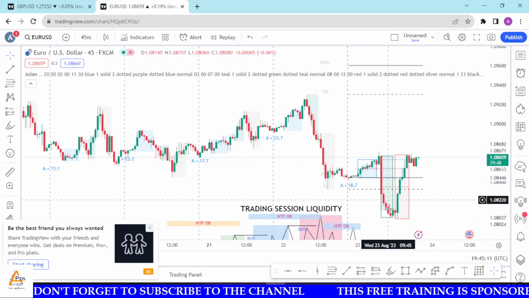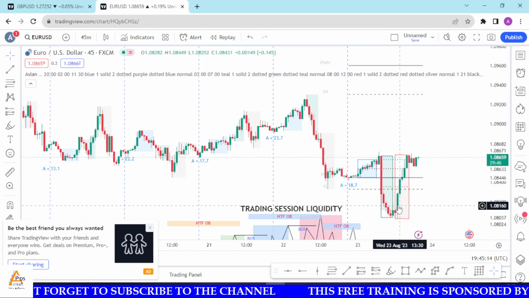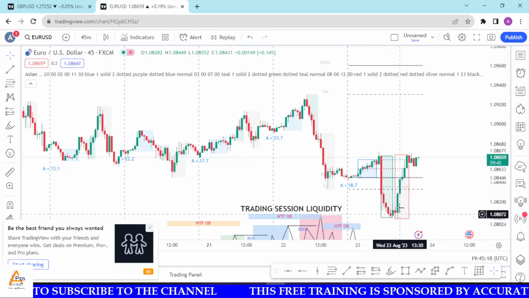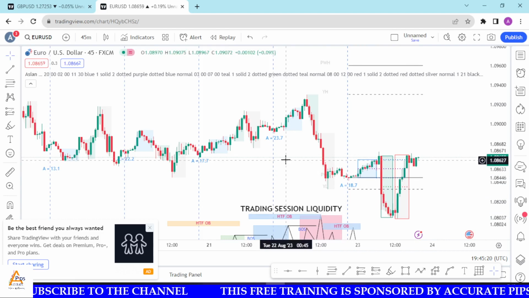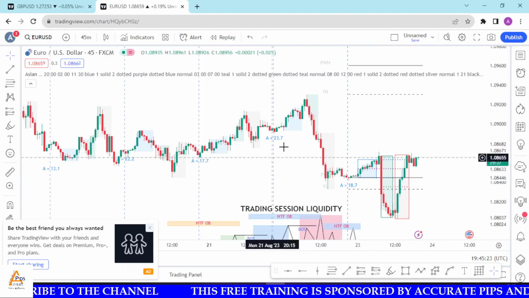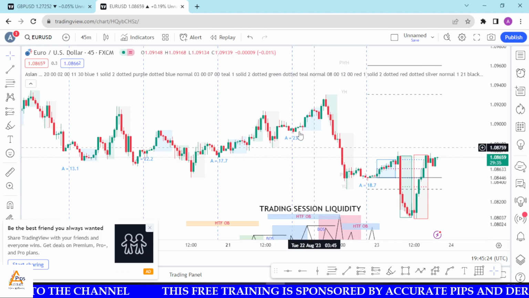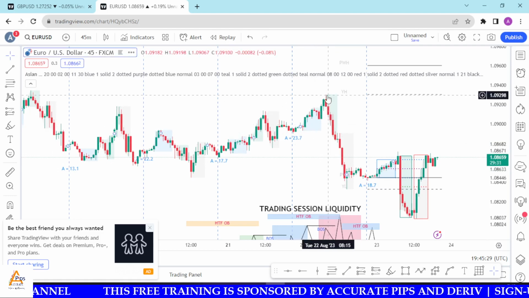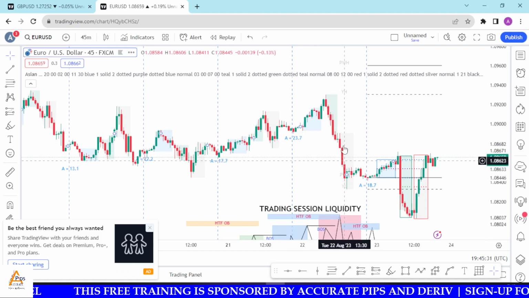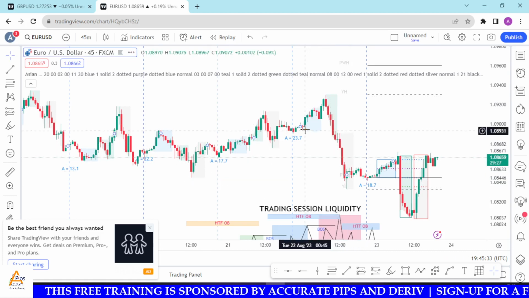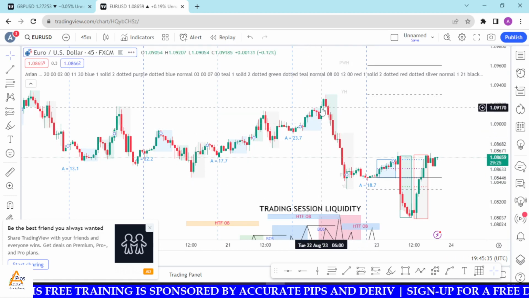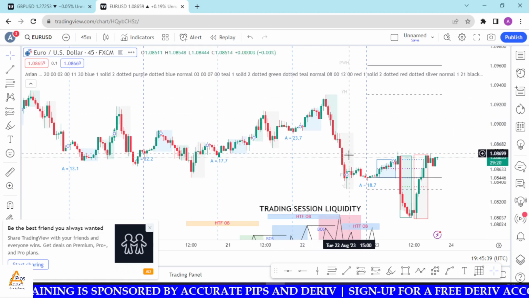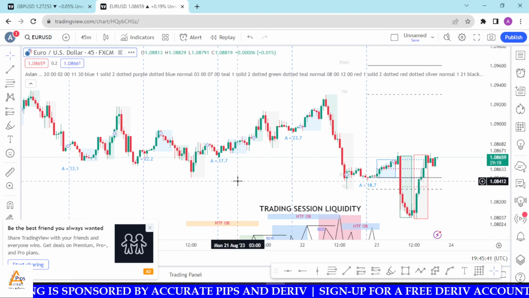So I told you that always one is manipulated. In this case, London was manipulated, and Asia and New York were in bullish alignment. If we come to yesterday, we can see Asia bullish, London bearish, then New York bearish. So yesterday Asia was the manipulated one, then London and New York were all bearish.